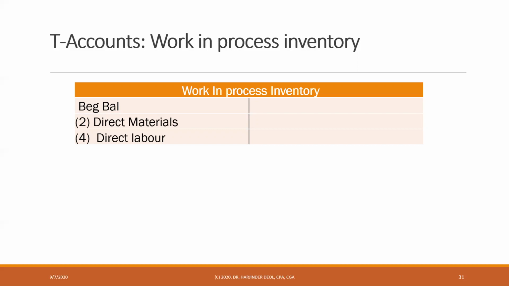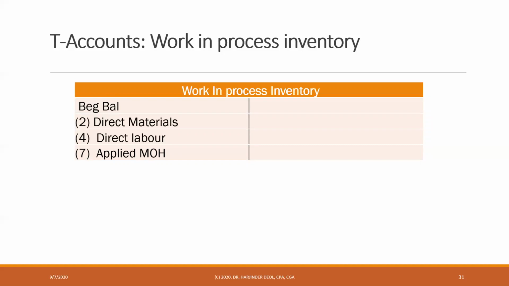And in the job order costing universe, we will actually be debiting work in process inventory with the applied manufacturing overhead. So that's very important to keep in mind. You will debit work in process inventory with the applied manufacturing overhead.